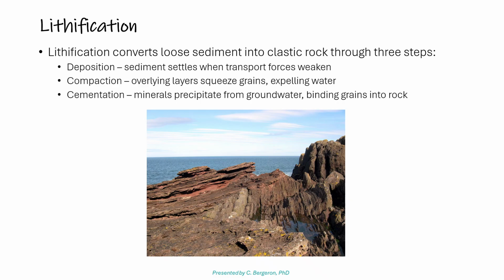What does that mean? It means that the sediments stop moving. The forces that were moving the sediment are no longer strong enough to keep moving the sediment, and the sediment falls out of suspension. So the sediments settle down. They can't be moved any further. So they settle, they deposit.